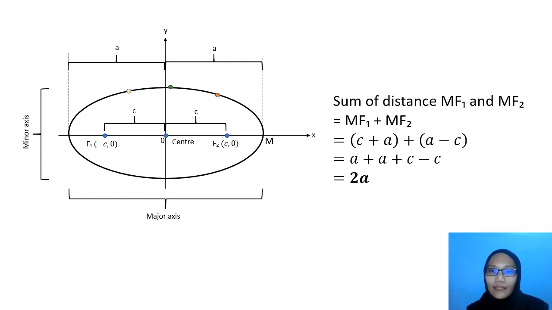Then we calculate the sum of distances MF1 and MF2. The distance MF1 is c plus a, and the distance MF2 is a minus c. After we solve this, we get 2a. So 2a is the constant sum of point M from the two fixed points.